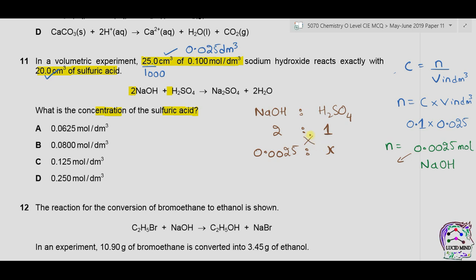Now let's cross multiply to find the moles of sulfuric acid that react completely with 0.0025 moles of sodium hydroxide. So we can write X equals 0.0025 times 1 divided by 2. So the answer is 0.00125 moles of H2SO4.